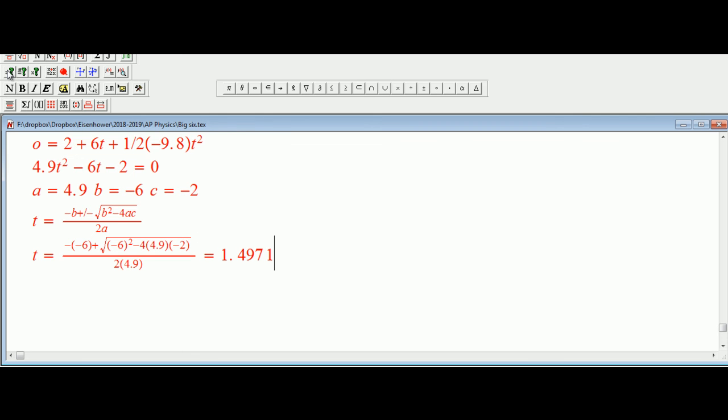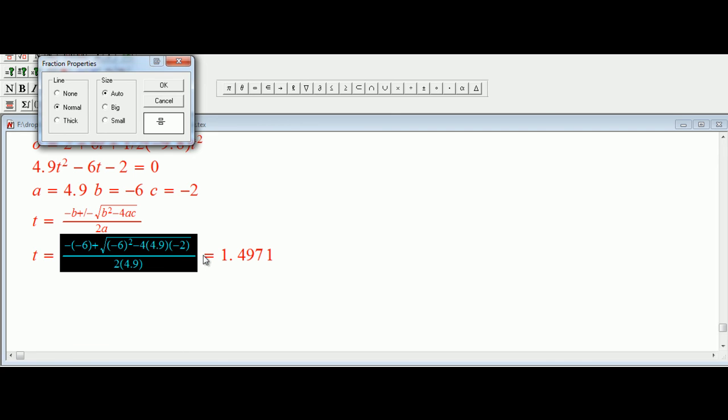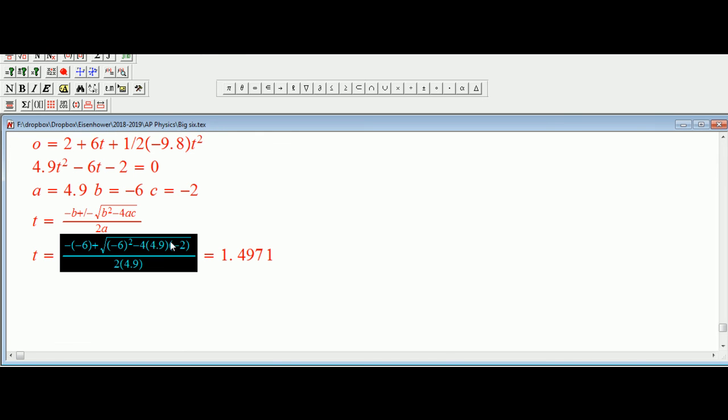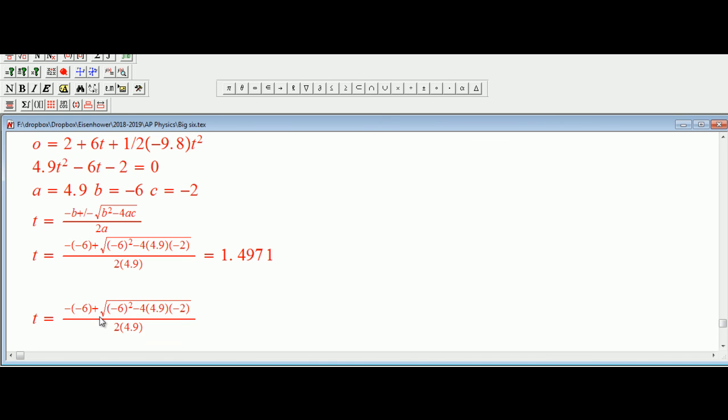Let's get the first solution first. 1.57. Now we're going to do it again. We're going to copy it and paste it. And now we're going to get the negative side.